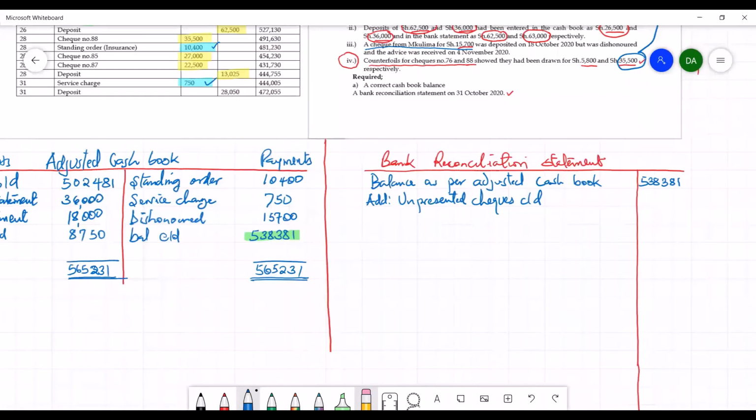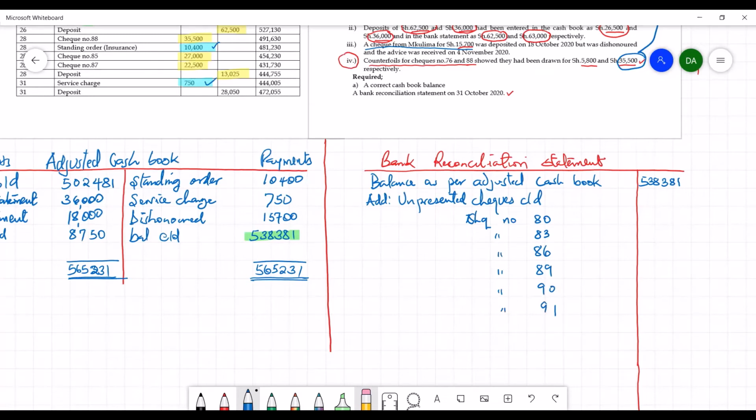So we start with check number 80, check number 83, check number 86, check number 89, check number 90, check number 91.